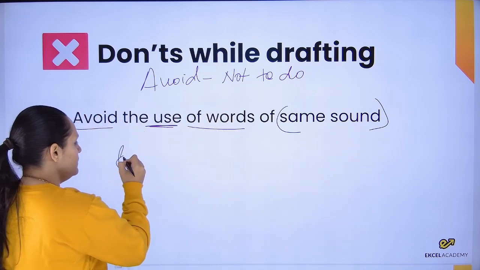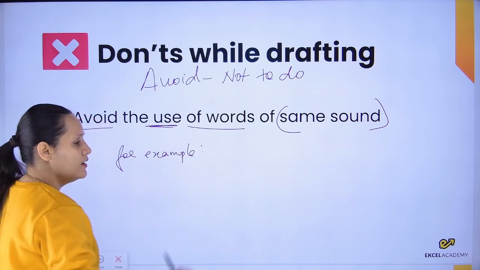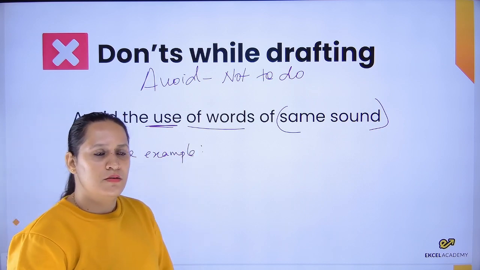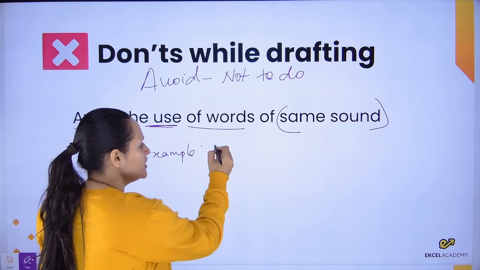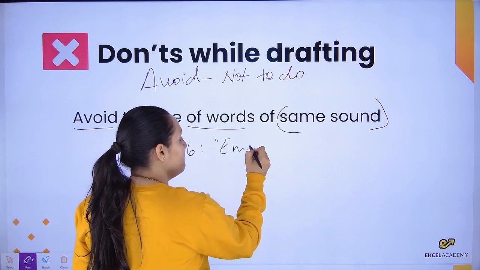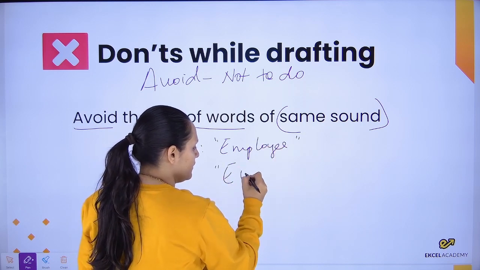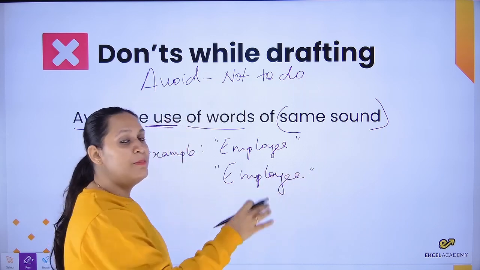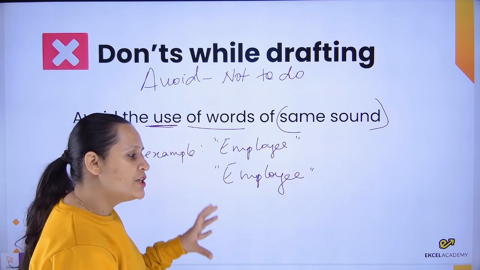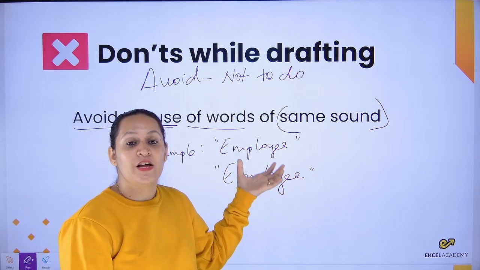For example, whenever we draft an agreement, let's say an employment agreement, we use terminologies like employer, employee. There are chances of errors when you're using similar sounding words. But generally in the domain, in practice, this is how drafting used to be done.